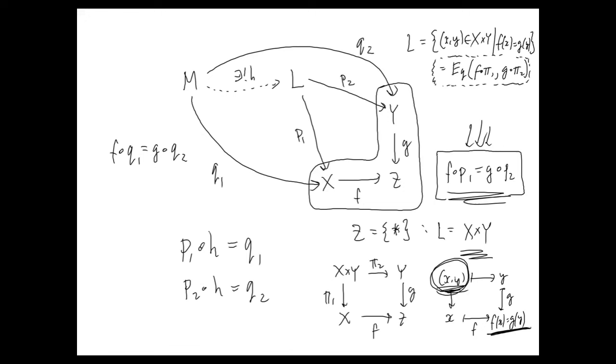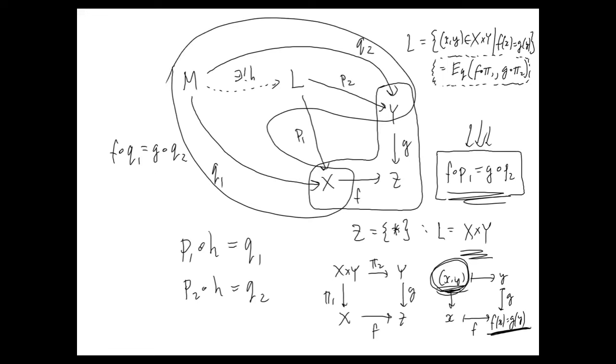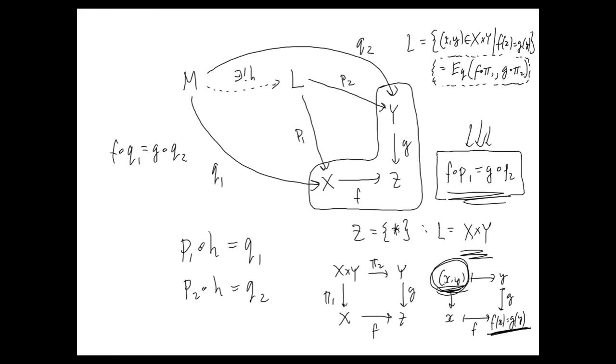So we take L to be that set, and then we check if it fulfills the requirement of the limit. And remember, there's something we mentioned last time as well. Once we know that something is a limit, we then know all the other limits as well, because limits are terminal objects in a certain category, specifically the category of cones over my diagram. This condition that for every other cone there is a unique h basically tells me that this specific cone is a terminal object in the category of cones.